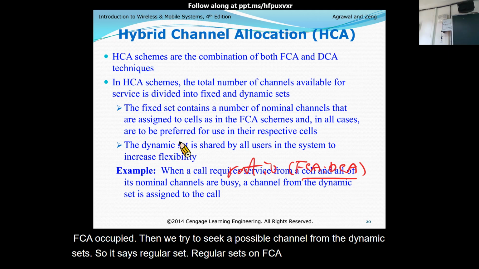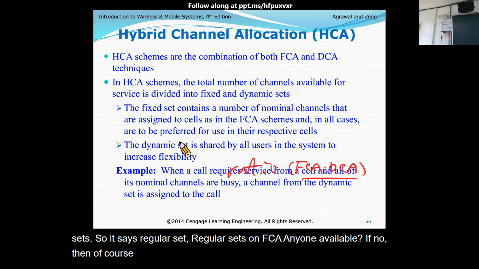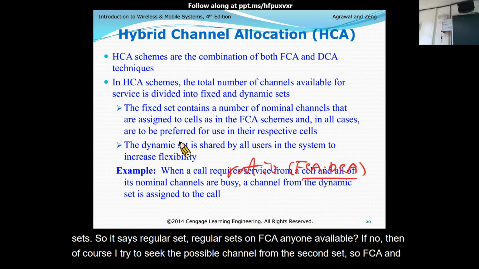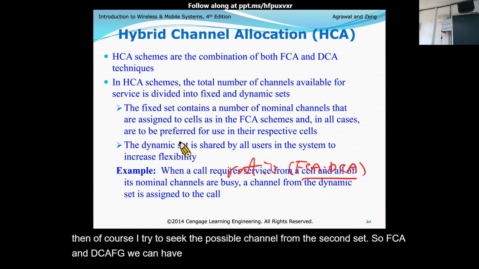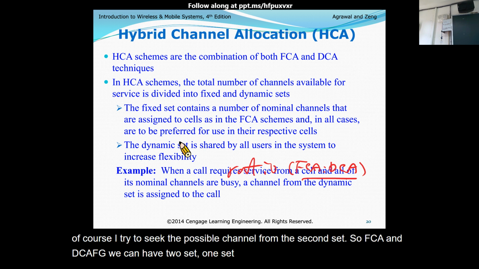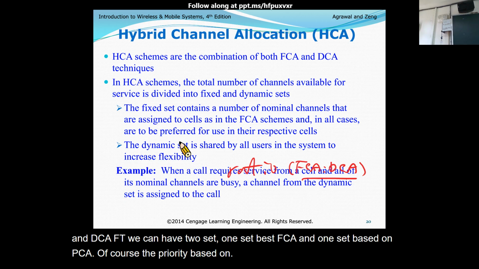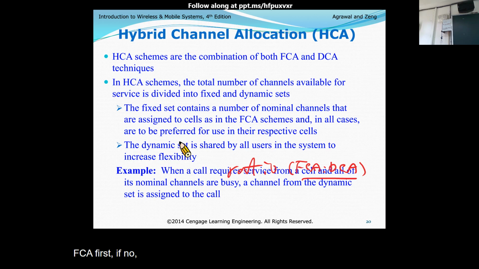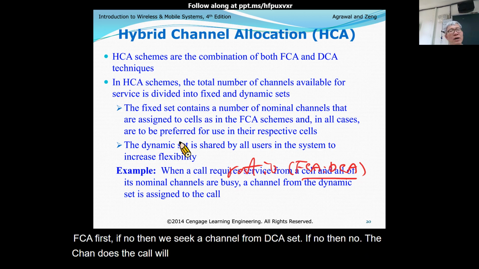If no, then of course I try to seek a possible channel from the second set. So FCA and DCA, actually we can have two sets. One set based on FCA and one set based on DCA. Of course, the priority is FCA first. If no, then we seek a channel from the DCA set. If no, then no. The call will be blocked. So this is the hybrid one.